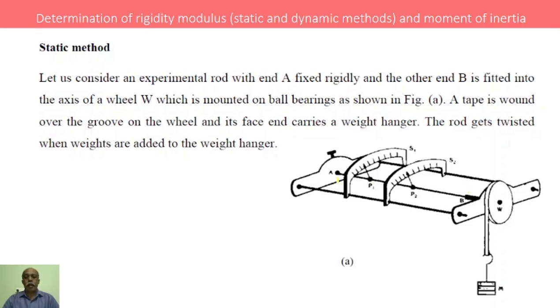And here we have a rod AB, and this rod AB is fixed at the end A rigidly, whereas the other end B is fitted to the axle or the axis of a wheel, and this wheel is mounted on ball bearings.